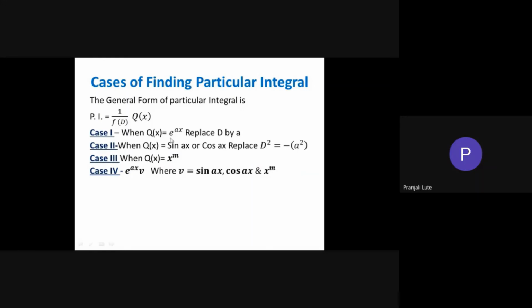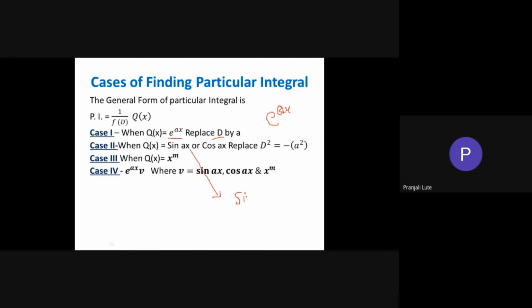Suppose the right hand side is e to the power 2x, we apply case number 1 and replace D by a, where a means 2. And the second case is when your right hand side is only sine ax, suppose sine 2x, sine 3x, sine 4x. Then you have to apply case number 2.